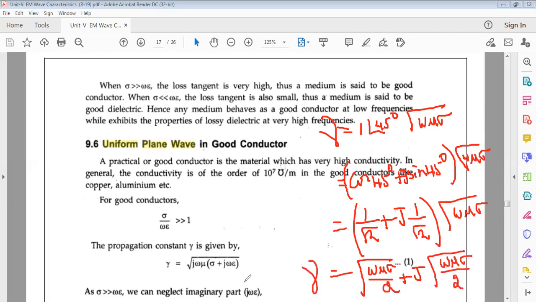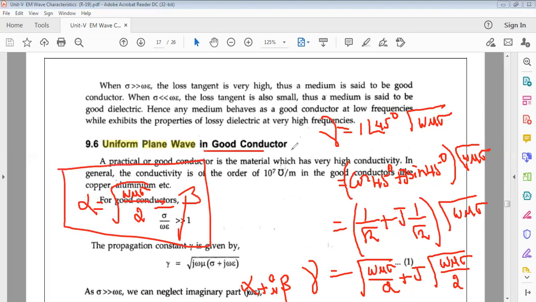So gamma is equal to, what is gamma? Nothing but alpha plus j beta. Here the alpha term and the beta term are the same. Therefore, in a uniform plane wave in a good conductor, the attenuation constant alpha, under root of omega mu sigma by 2, is equal to the phase constant beta. Alpha is equal to beta in a good conductor.